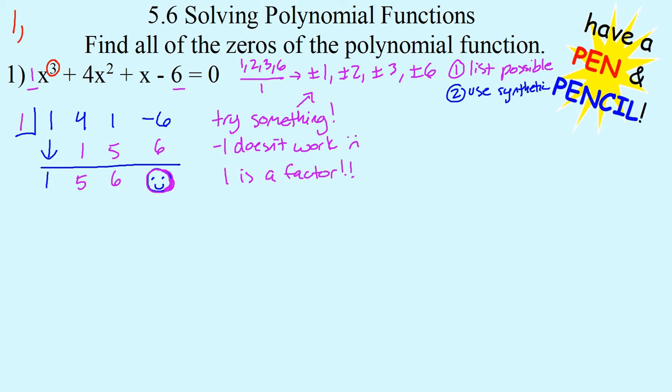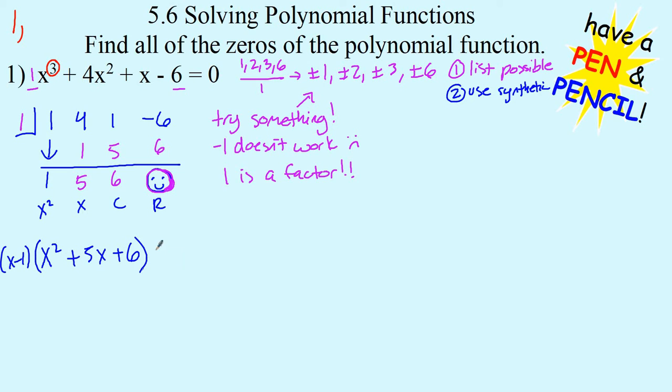Well, look at your new equation. After you did synthetic, remember this is your remainder constant x squared, we get x squared plus 5x plus 6. So what we essentially just did is we factored out the x, or the 1, so that would have been x minus 1.